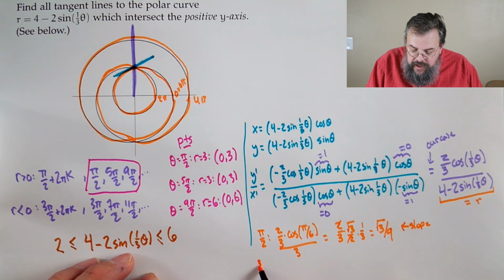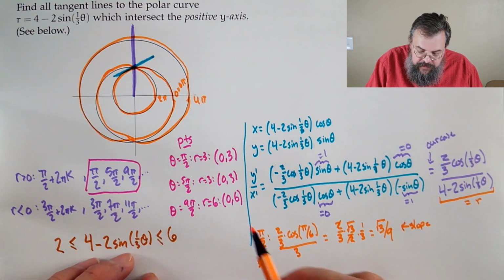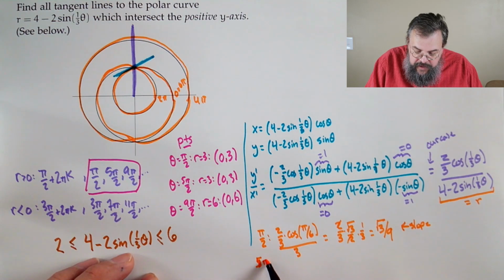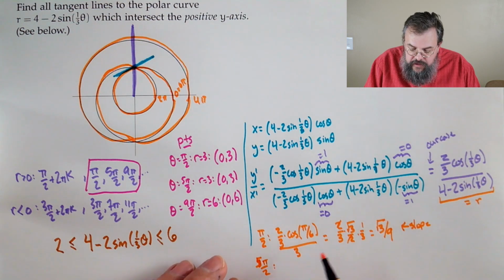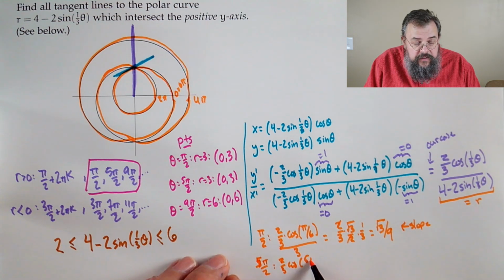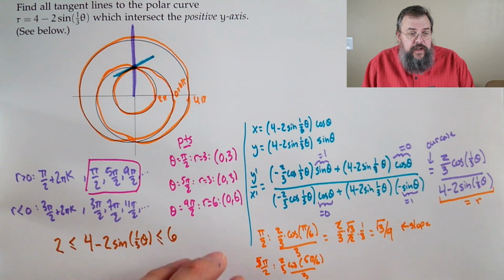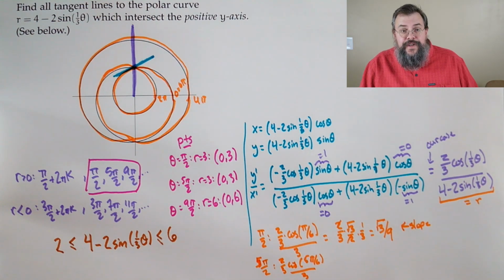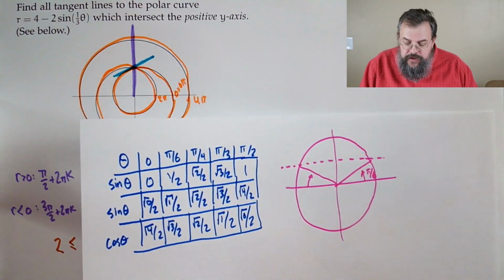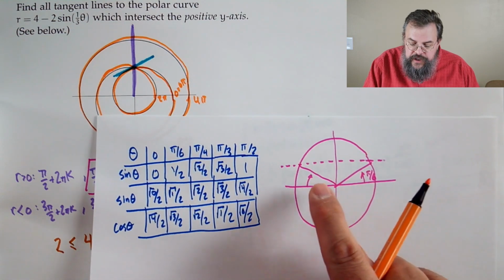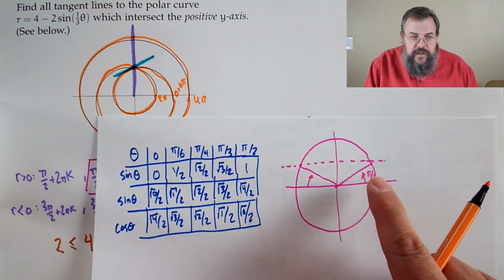Now, at 5 pi, not 3 pi, 5 pi over 2, well, it's a very similar setup, right? It's 2/3 cosine 5 pi over 6 all over 3. Now, the only difference is what's true about cosine of 5 pi over 6. If you think back to our picture, we drew it here. See, there's a relationship between pi over 6 and 5 pi over 6.